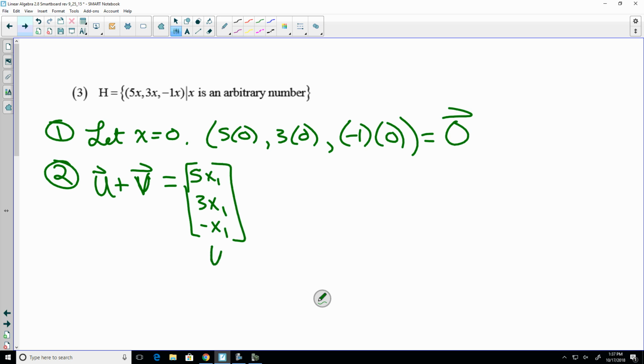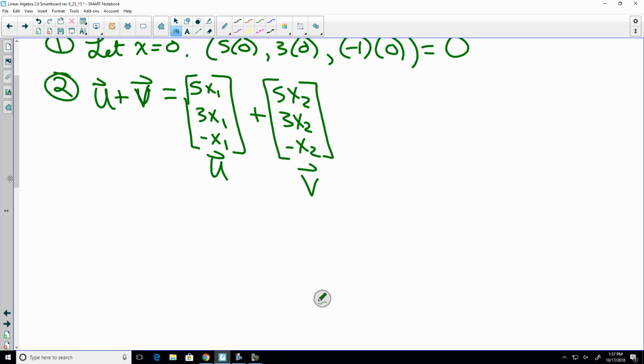So that's my vector u. And then v looks very similar, except x is some different number. We'll call it x2. So we're going to call that v. So those two are in H. That's obvious. x1 and x2 are just any numbers, they could be anything. So I'm going to add them together.